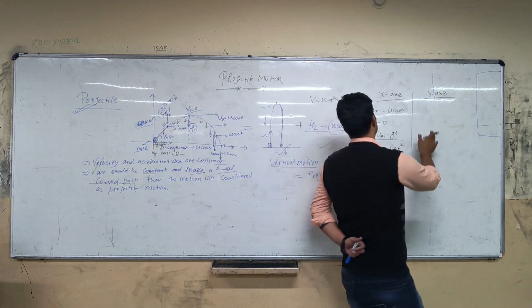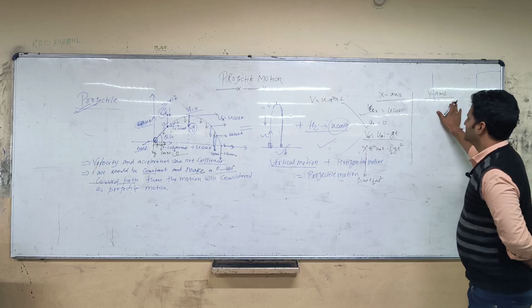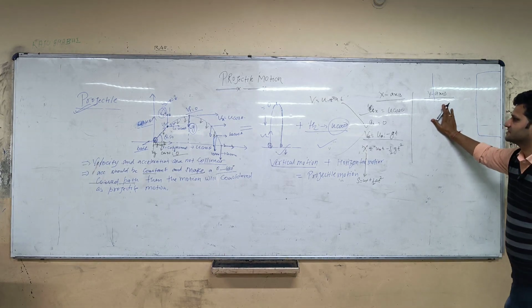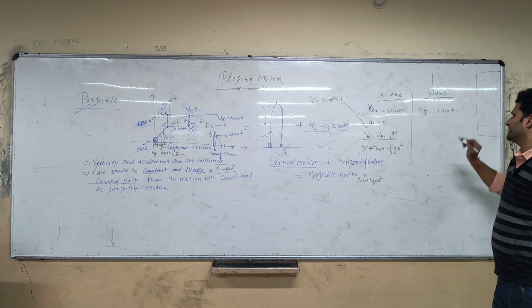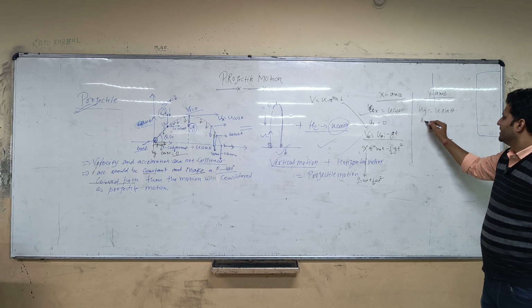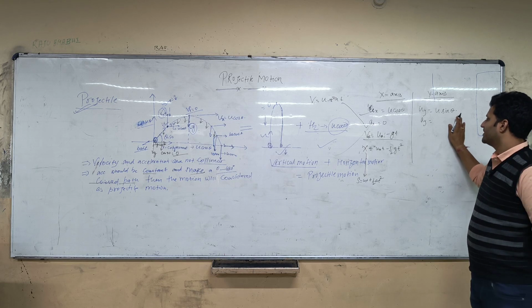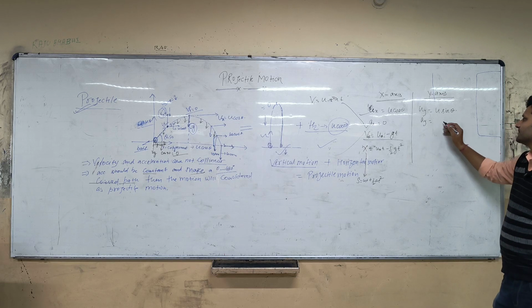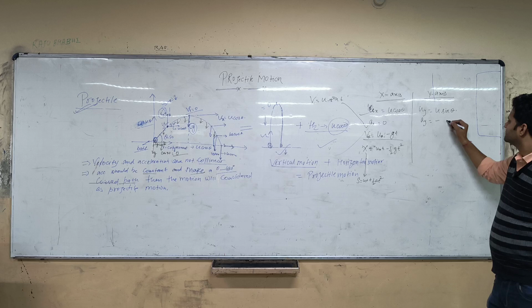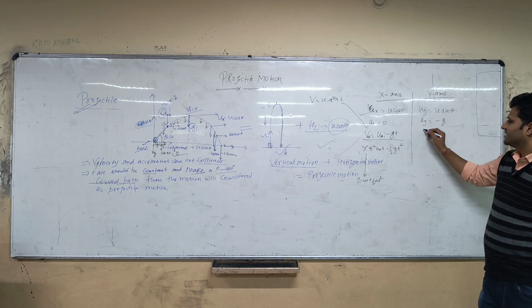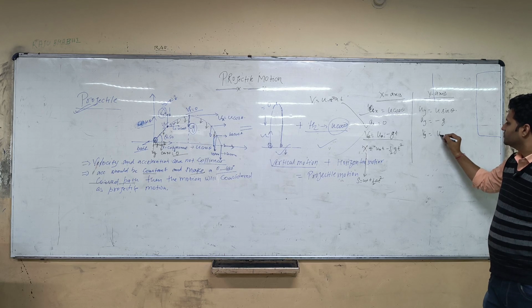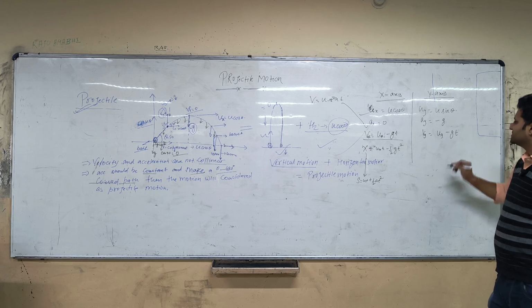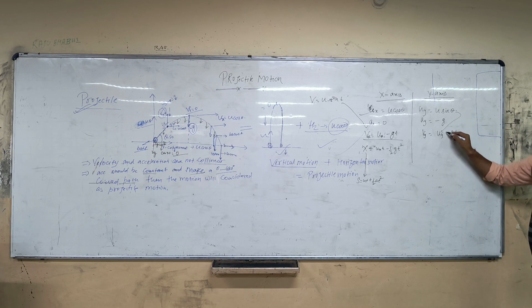In the same manner, to find the parameters along the y-axis, uy will become u sin theta, and ay will always be g. Next, vy will become uy minus g t. Already you have been given the value.